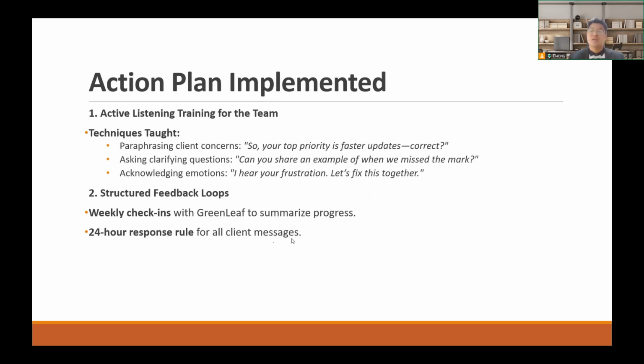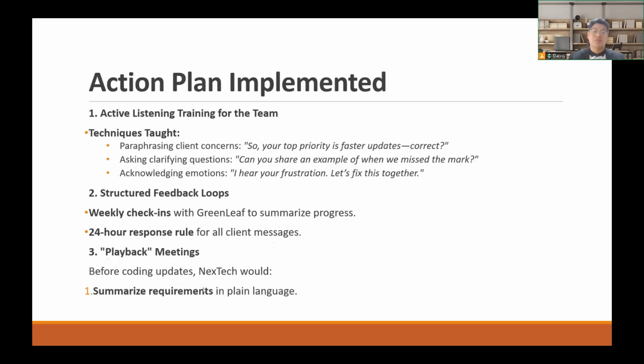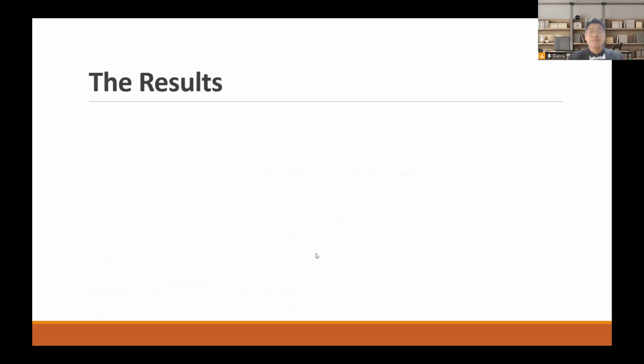So you can just regulate it in the documents so that the responsible personnel will just pay attention to the due time. And playback meetings. So this means before the coding updates, the company would just try to summarize the requirements in plain language as well as to ask them for the confirmation.